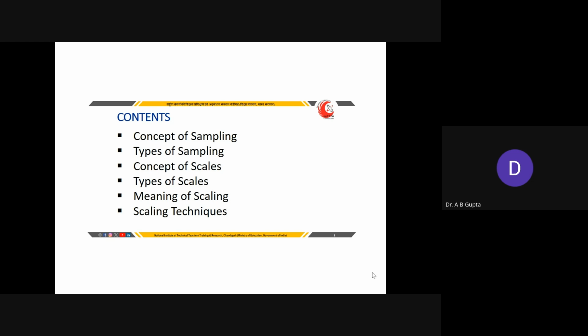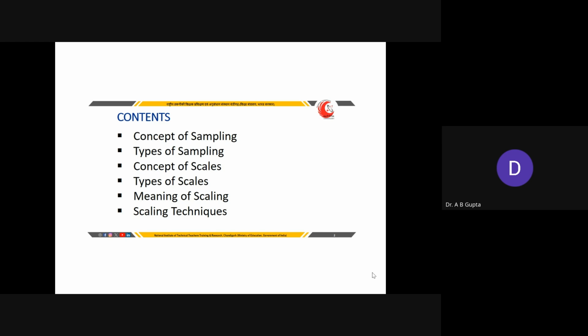And scaling is an extension of scale. Okay, you have a format of the scale, so that is scaling. And sampling, I hope now you are clear that you want to collect information from a group of people, but that group may be very large. So it will be very difficult.